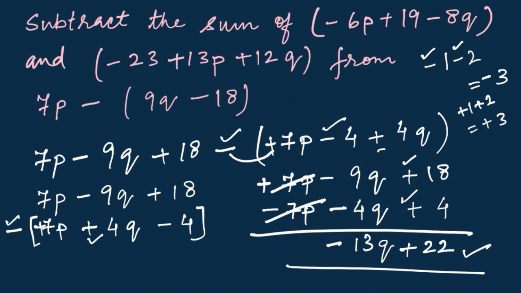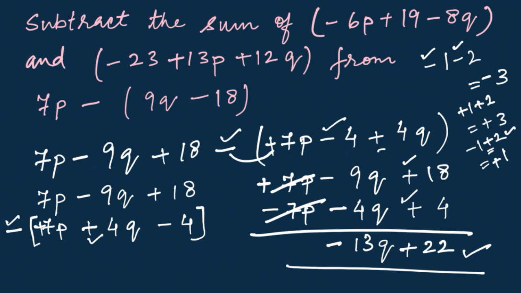But when you have two different signs like minus 1 plus 2, in that case you will subtract the smaller number from the greater one. 2 is greater than 1, so 2 minus 1 will be 1, and you will put the sign of the number which is greater in value. Which one is greater here? 2. What is the sign in front of 2? Plus. So the answer will be plus 1.